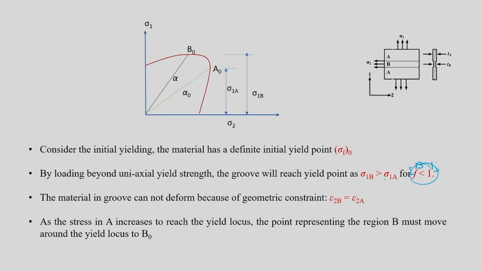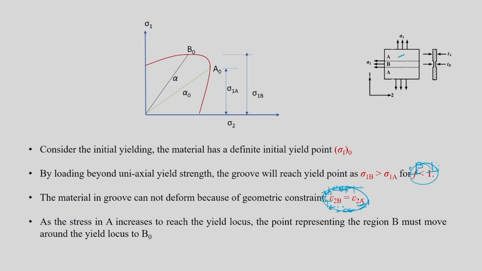Now the point is, the material in the groove cannot deform because of the geometric constraint epsilon 2b equal to epsilon 2a. Because of that, as the stress in A increases to reach the yield locus, point A will also start going in the same direction as B, and it will also reach your yield locus.